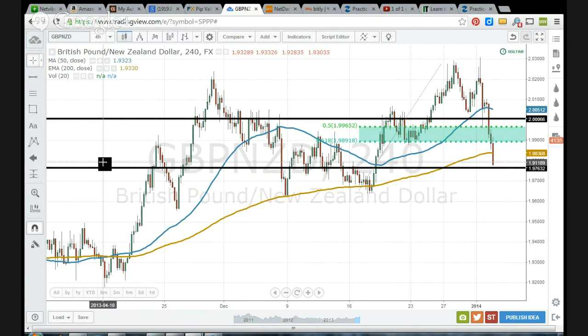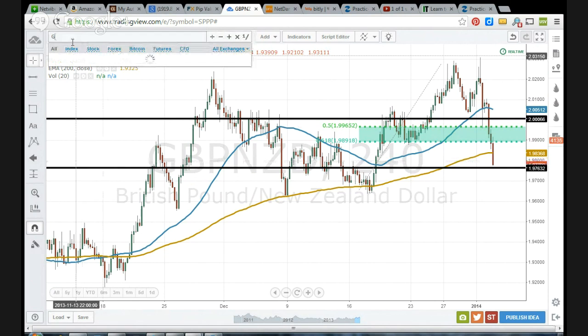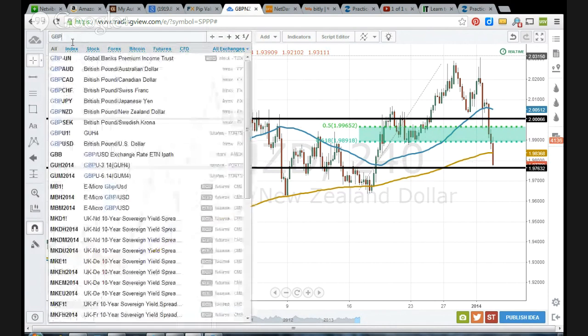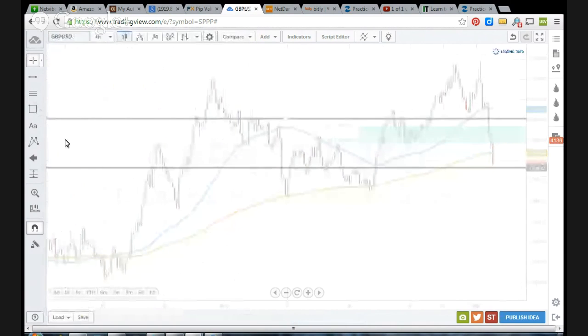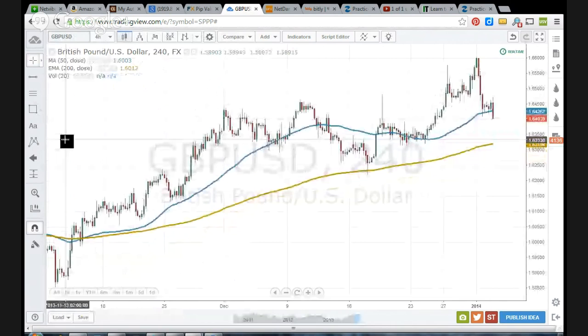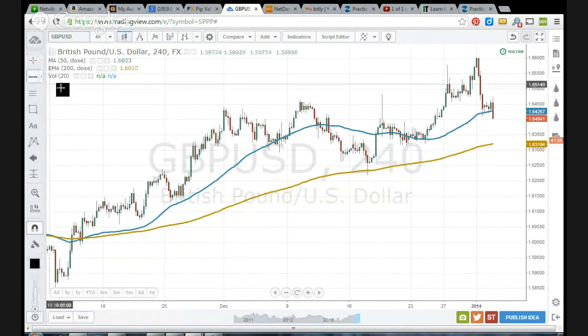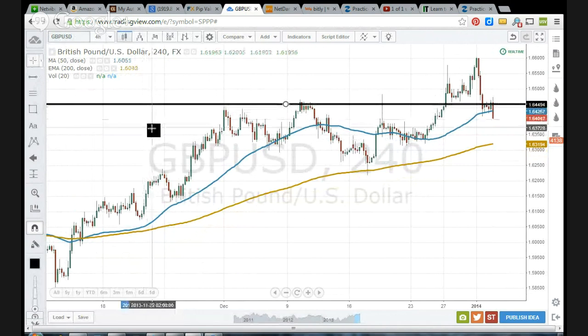Okay. And pound US dollar. And this is potentially interesting here. Let's draw some support levels.